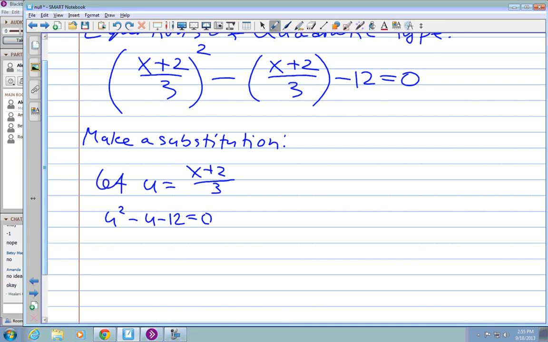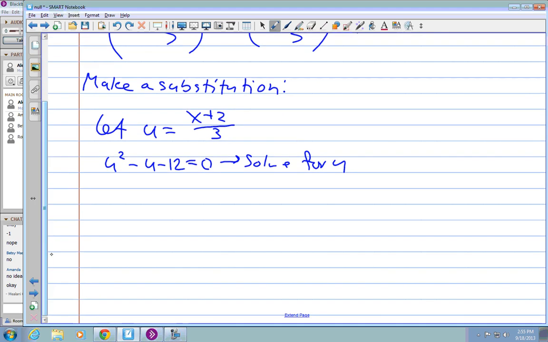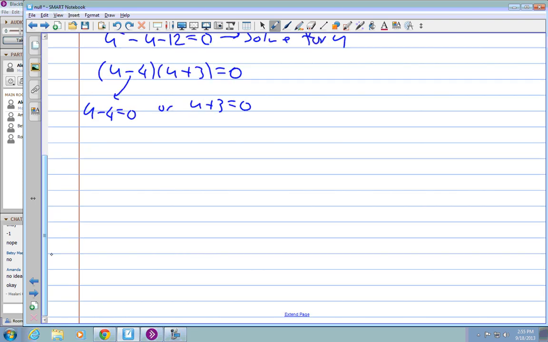Now can we solve for u here? It's a very simple quadratic. I can factor that. (u minus 4)(u plus 3) equals 0, right? Factors very nicely. So that means u minus 4 equals 0, or u plus 3 equals 0.